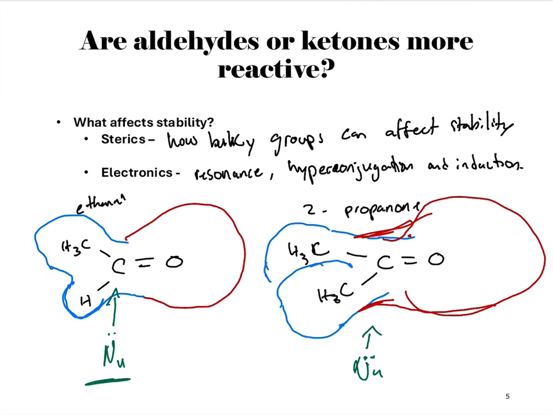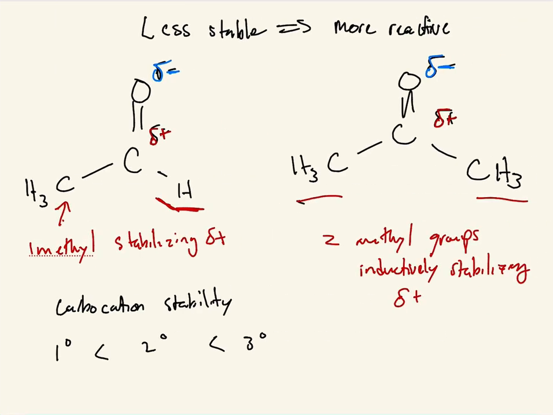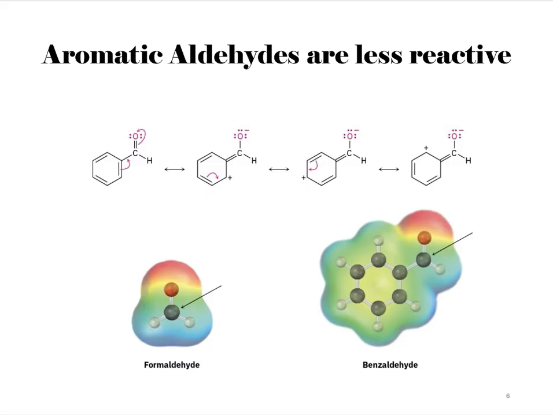We have these bulkier groups on the carbonyl carbon, and that's going to make it harder for the nucleophile to then attack this partially positive electrophilic carbonyl carbon here.